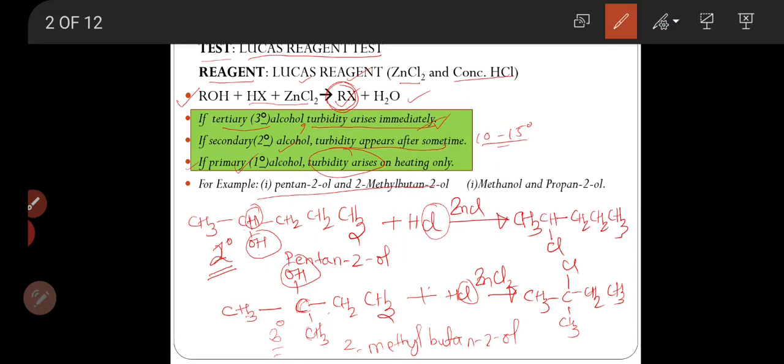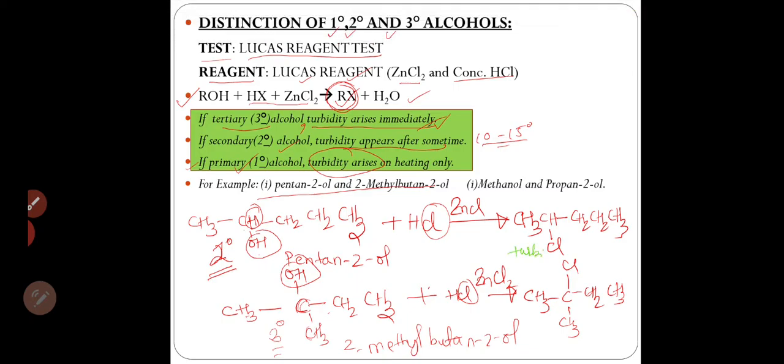Since the first is a secondary alcohol, with Lucas reagent turbidity appears after 10 to 15 minutes. In the tertiary one, the turbidity appears immediately.